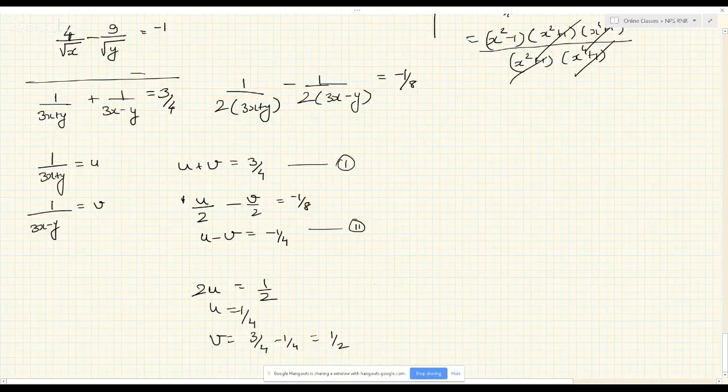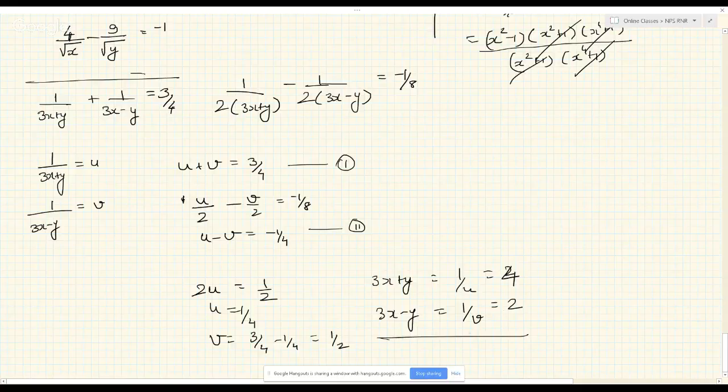So what was u? U was 1 upon 3x plus y. So 3x plus y is 1 upon u, which is 4, and 3x minus y is 1 upon v, which is 2.